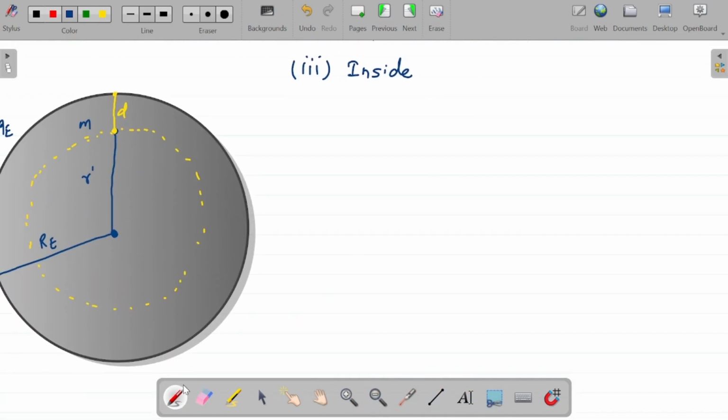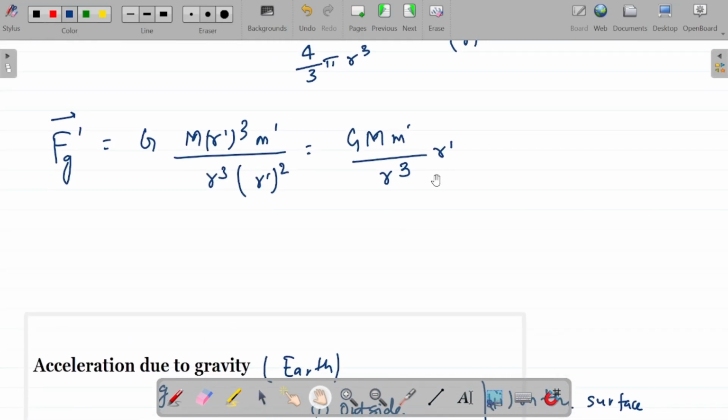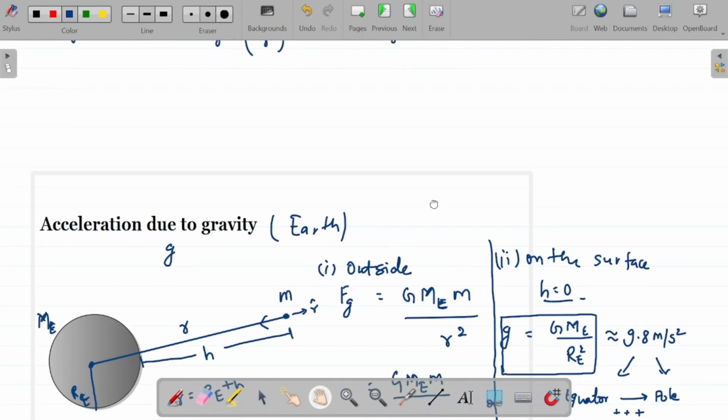So in this particular case, Fg will be, I'm writing Fg only. Okay, this is the force. Fg will be G Me divided by Re cube, and mass of this body, there it was m prime, and then we will have one more thing here, and let's check what is that. So this is r prime.